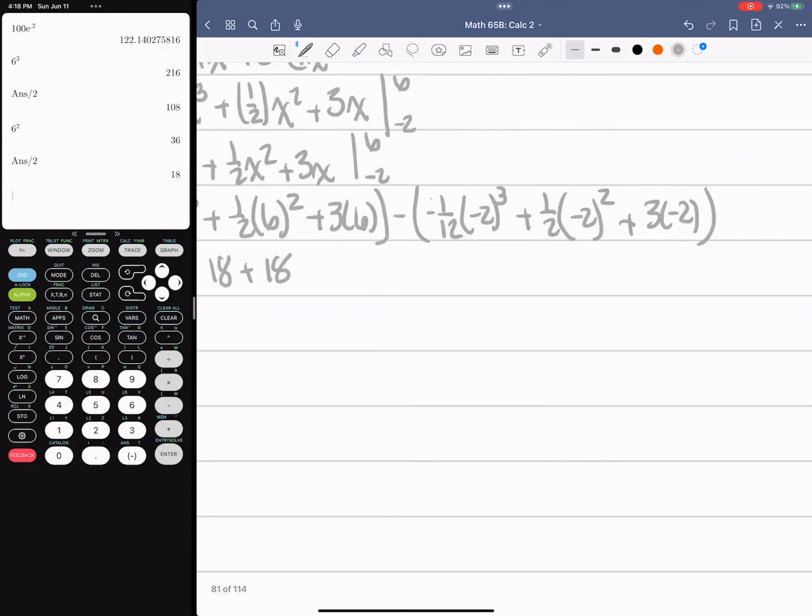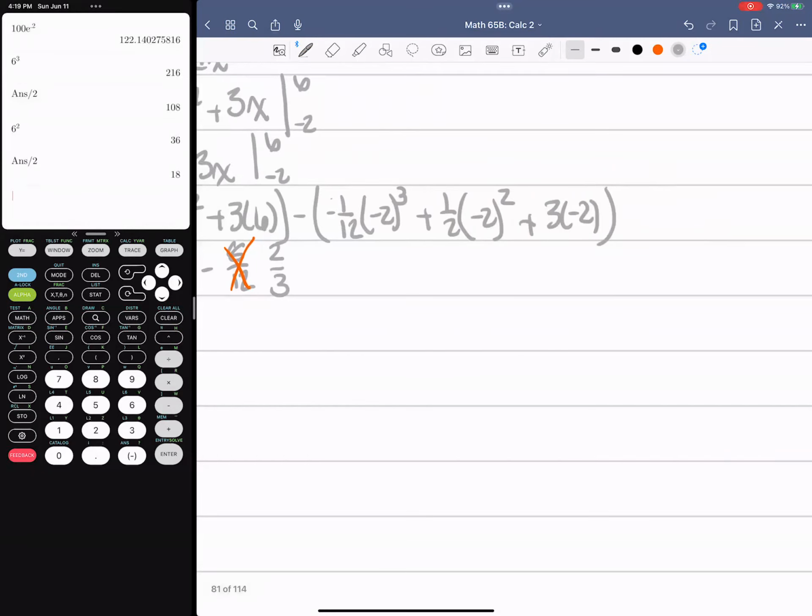And now let's go here. So here we have negative times negative is positive times another negative is negative. Here we have 8 divided by 12. 8 over 12 is equivalent, dividing both top and bottom by 4, to 2 over 3. Here we have -2 squared, which is a positive 4, divided by 2, plus 2.